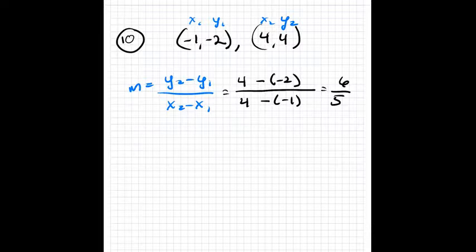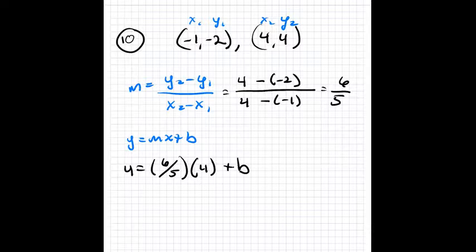We're going to use y equals mx plus b. Let's plug in what we have. I'm going to choose the second point because those numbers look more simple; there's no negativity. When y is 4, the slope is 6/5, and x is 4. The y-intercept is the only thing we don't know.